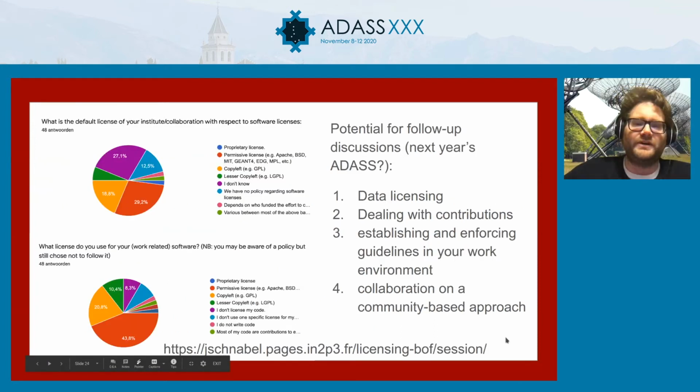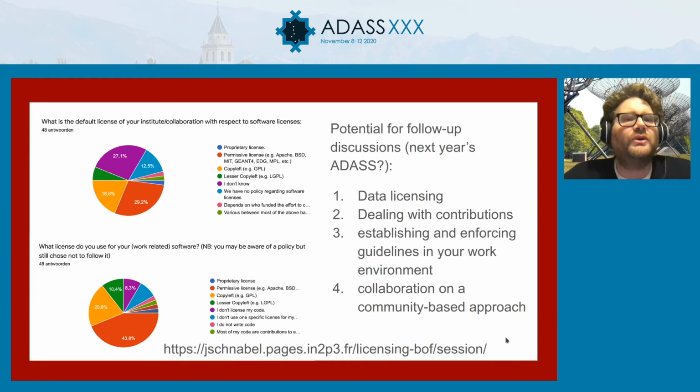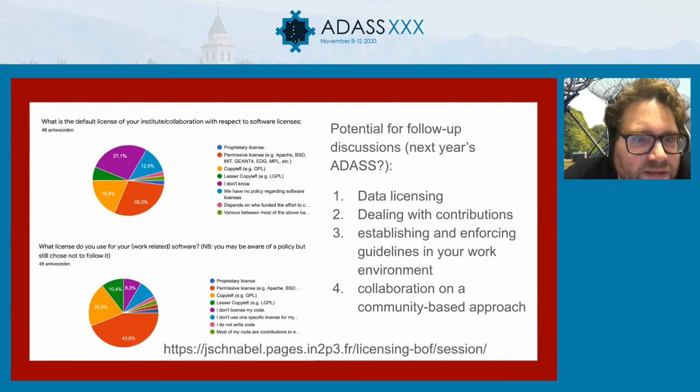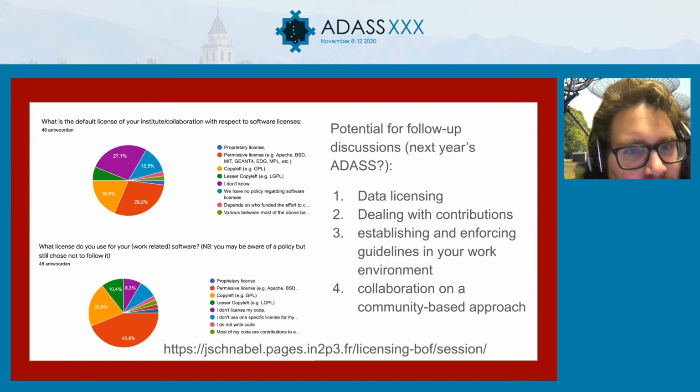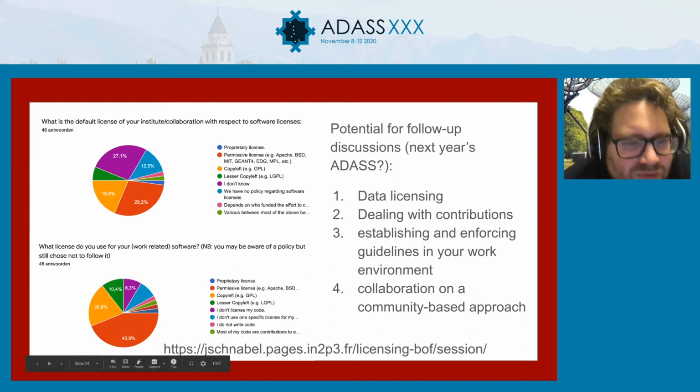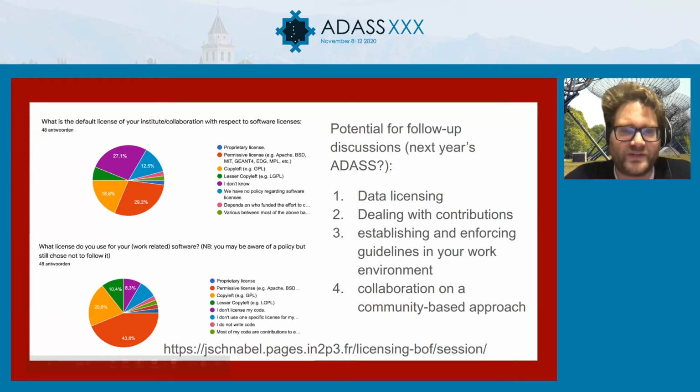I think the top graph shows basically what a typical license is that institutes and collaborations have by policy. And on the bottom one, you see how many people are actually using each type of license. You already see that there are a lot of people who don't really know whether the institute or collaboration actually has a policy at all.